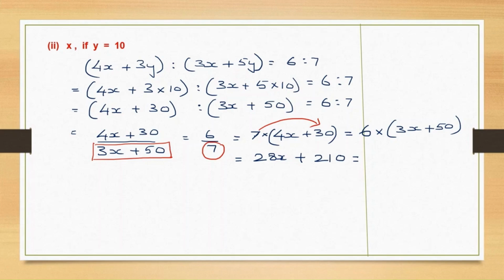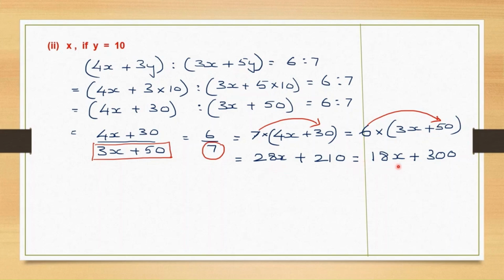We do the same thing on the right hand side. 6 into 3x, 6 3s are 18, that's 18x. So we are done with 6 into 3x. Now we're going to multiply 6 into 50. 6 5s are 30, and we add a 0, so that becomes 300.